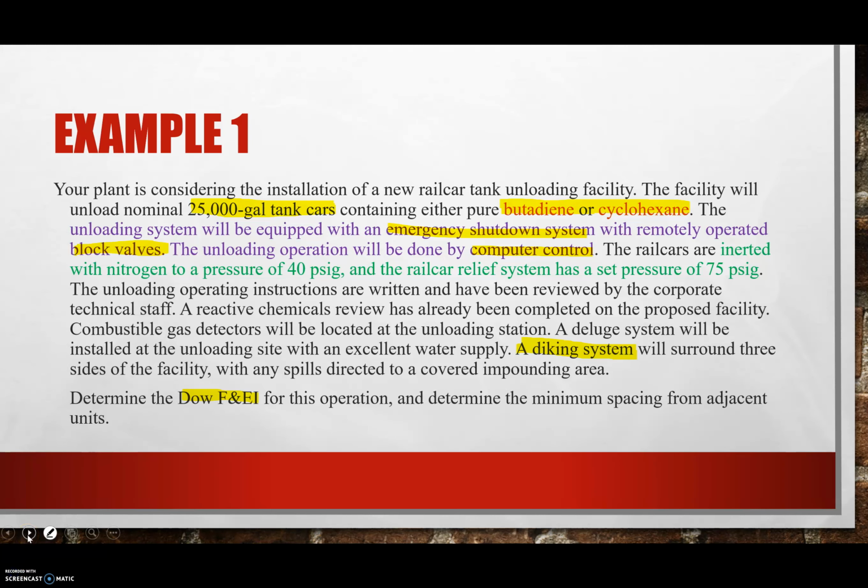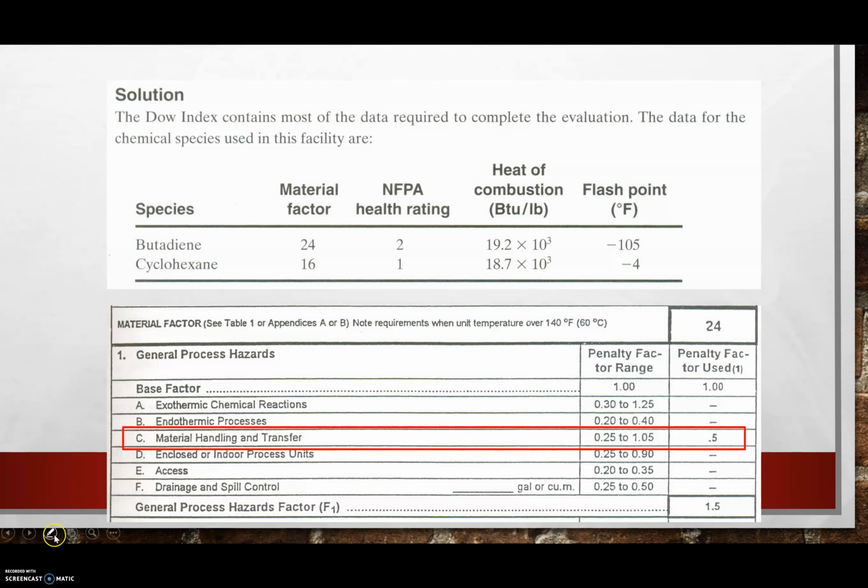Okay, we will look at what is the solution for this situation. So the solution, you have your butadiene and also cyclohexane. What is their material factor? 24 and 16. So the question is, where will this material factor be used?